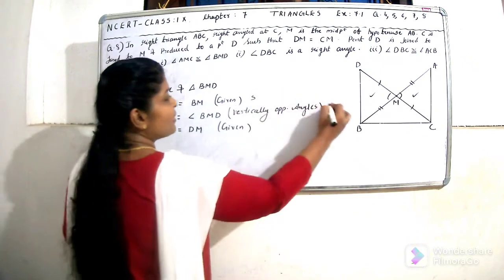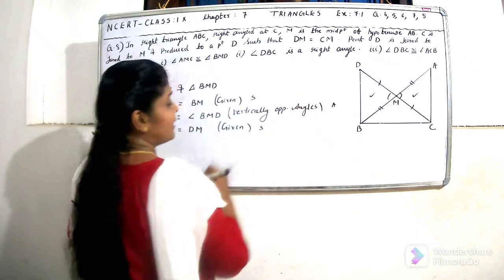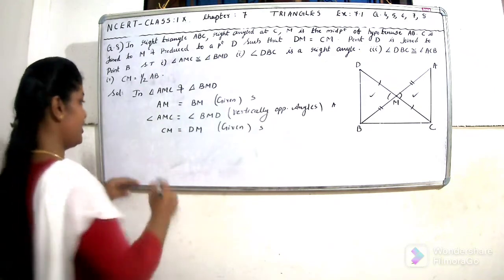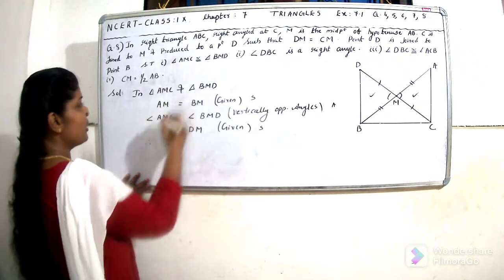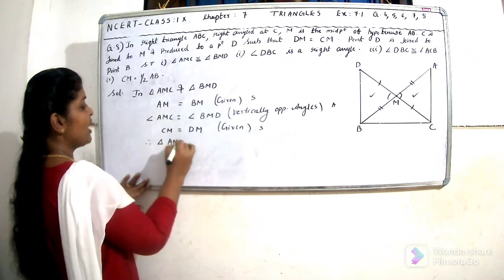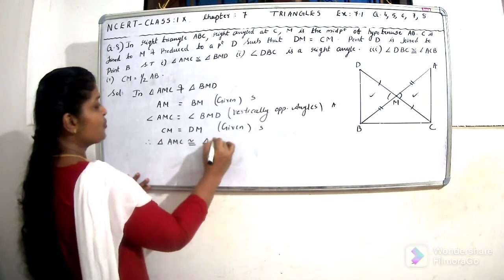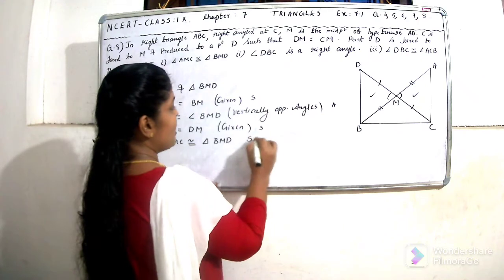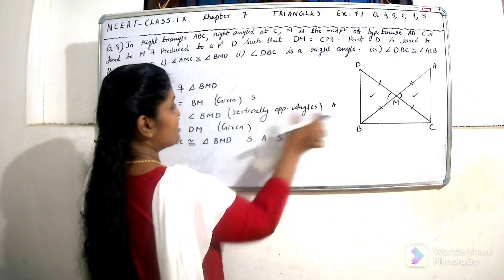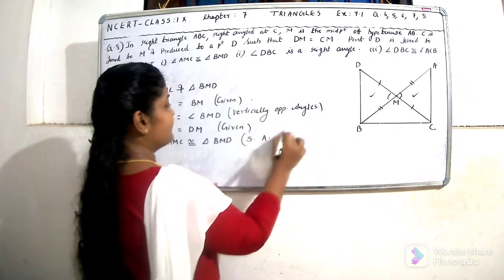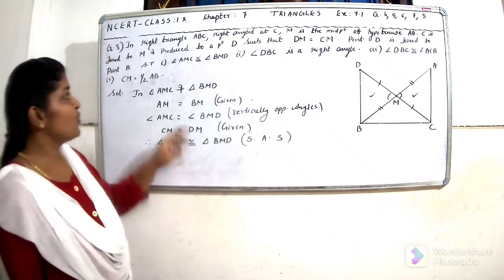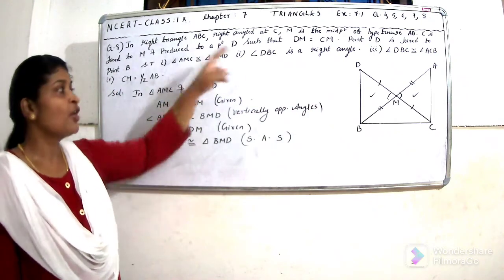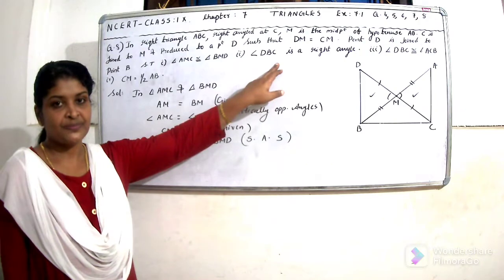So side angle side, because of that criteria, therefore triangle AMC is congruent to triangle BMD by the SAS criteria. So in a very easy way we proved this. Now move on to the second part.